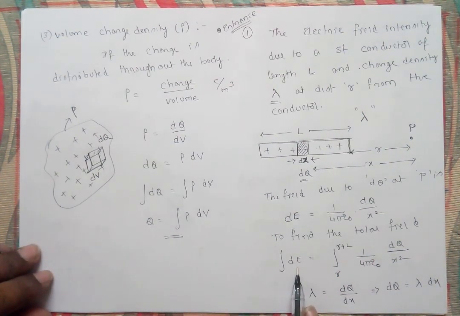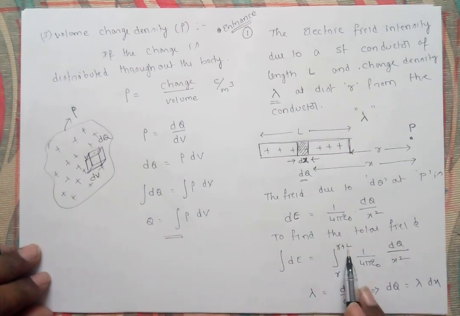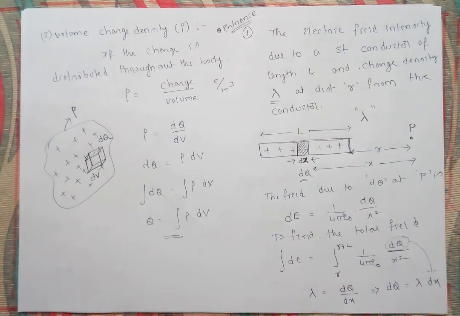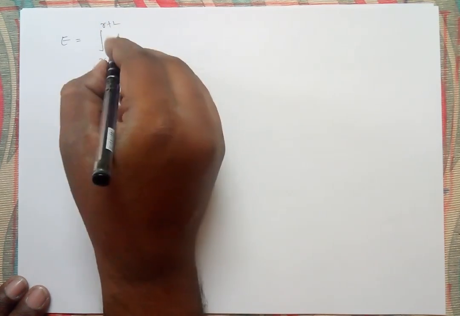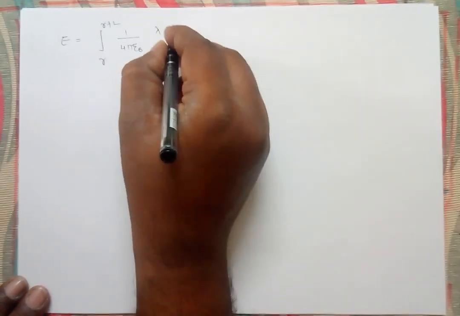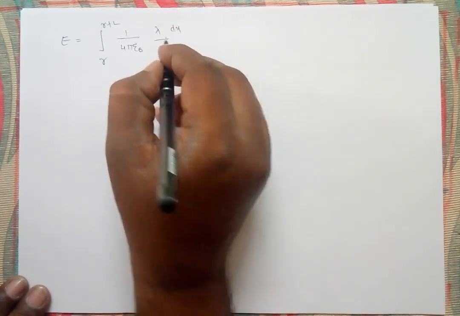Integral dE means total electric intensity E, from r to r plus L, of 1 upon 4 pi epsilon naught into lambda dx by x square.